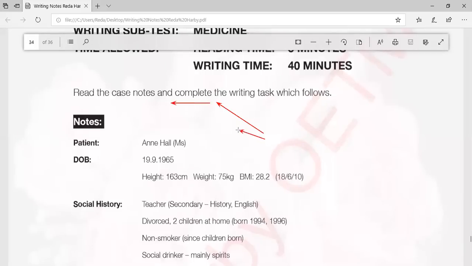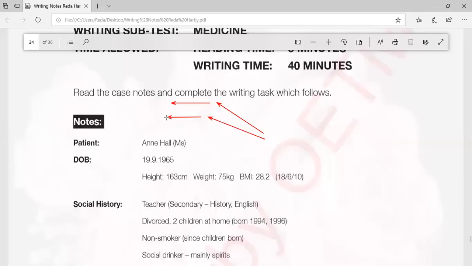Number 2 is transforming. I should transform these note forms, which are not complete sentences. How to transform? By making them complete, reasonable, grammatical, organized sentences in a story pattern.